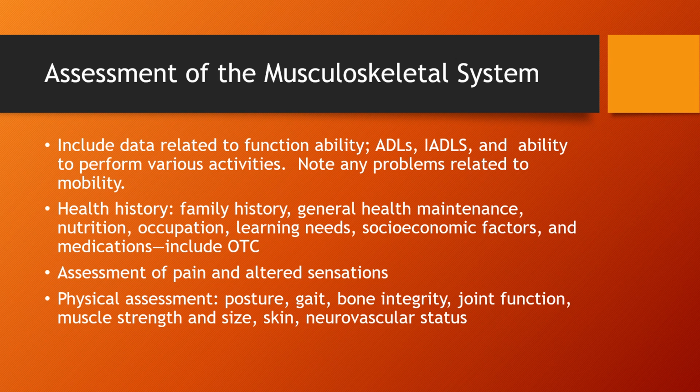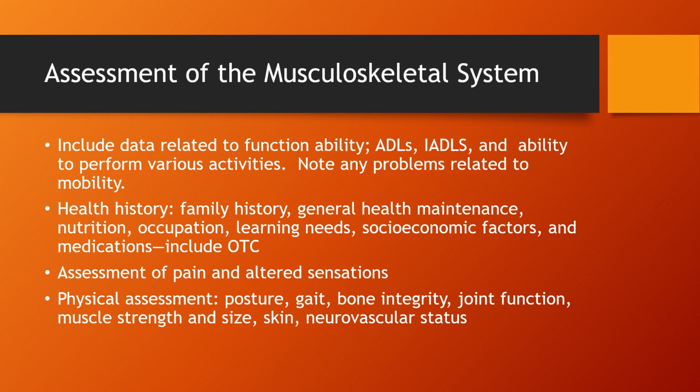How is their nutrition, their activity, their exercise? Also, occupation is an important thing to talk to them about, and their activity level, because that does speak to musculoskeletal strain. Some occupations have a higher risk for musculoskeletal injury, or even some high levels of activity. Runners, those kinds of things, can also have high levels of musculoskeletal injury.